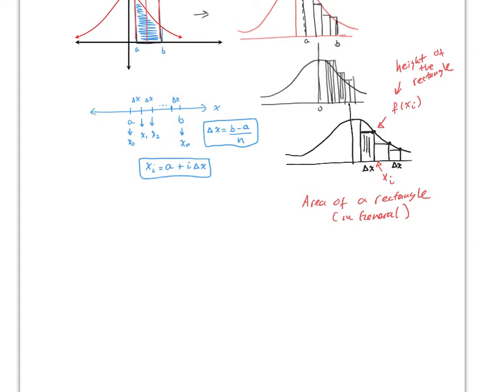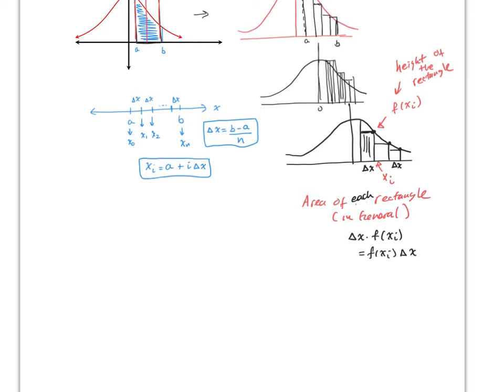So in general, the area of each rectangle is going to be the base, which is delta x, times the height, which is f of xi, which is the same thing as just f of xi times delta x. This is how it's typically written. So this is going to be the area of each rectangle.